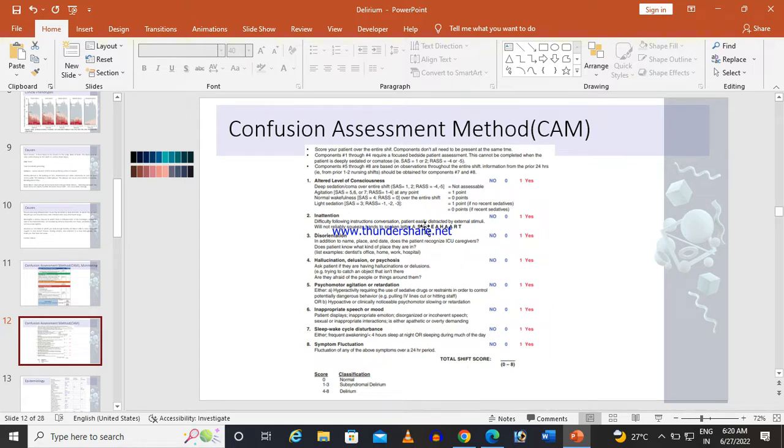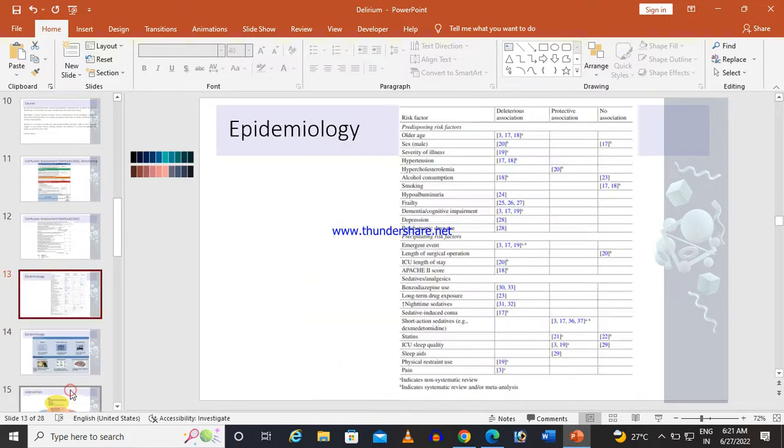After adding all the points based on your scale, if the final number is 0, then there is no delirium. If it is 1 to 3, then it is subsyndromal delirium, and if it is 4 to 8, that means it is delirium.